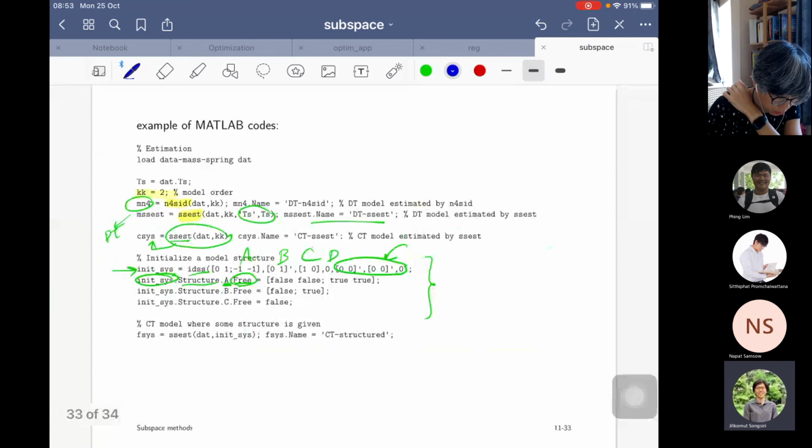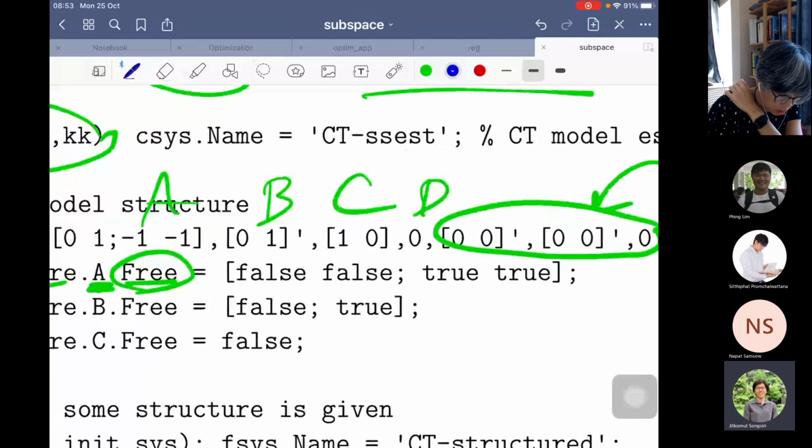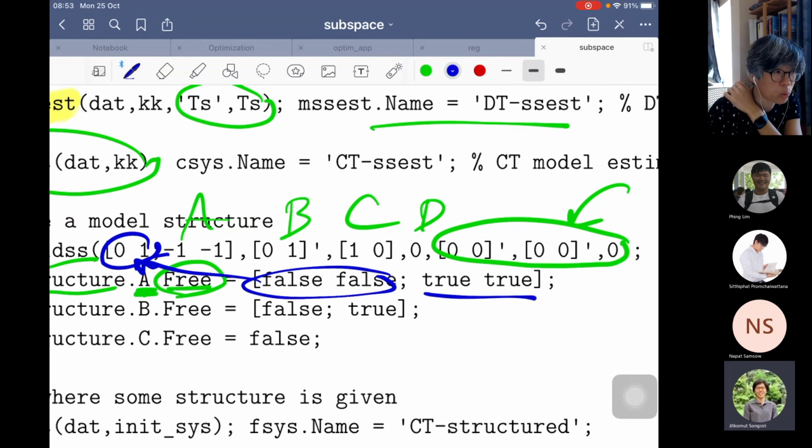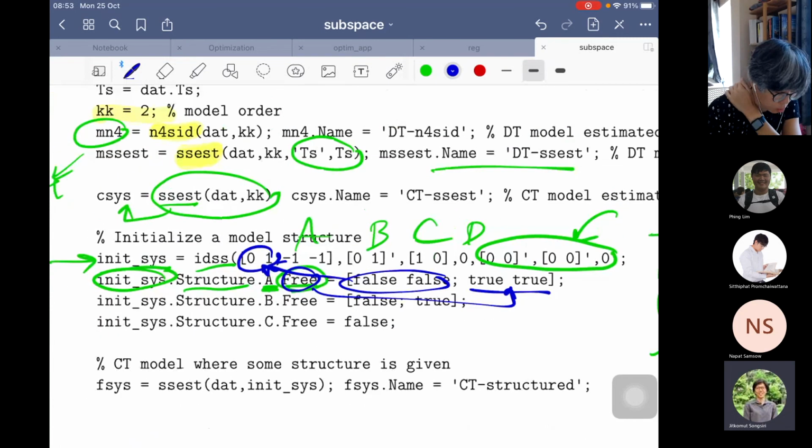That's why you specify such that the top row is false, not free. Let's fix it to the value that you already specified previously. And the second row, true, free. The values of the free entries are trues. The same goes with the matrix B as well.